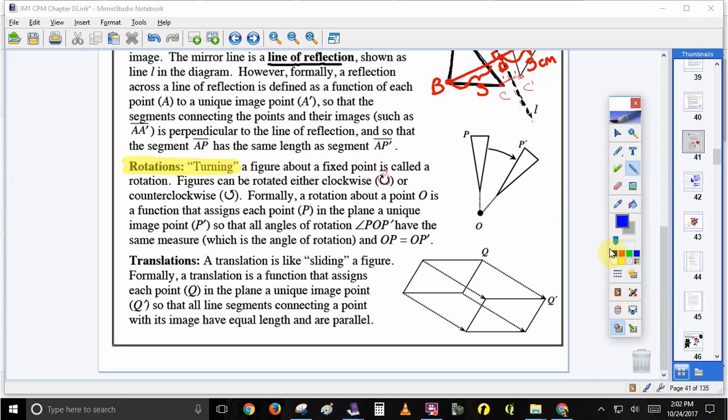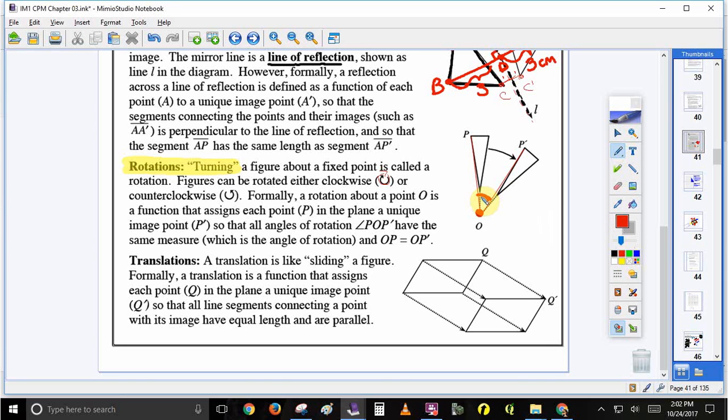If we think about this as our point of rotation down here, point O, and we have a line coming off of it that goes out to point P, and another line that goes out to point P prime, which I'll adjust here in a second, then the angle formed there is the angle of rotation.